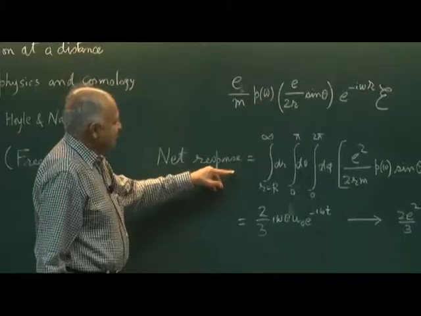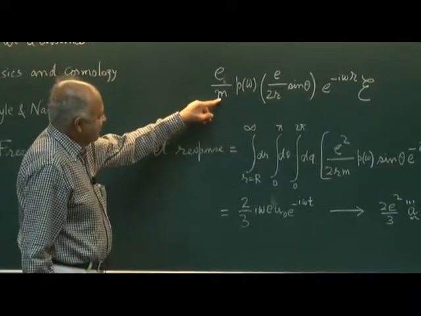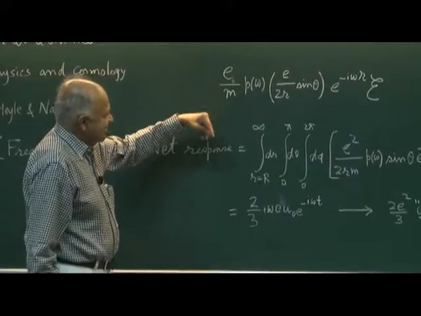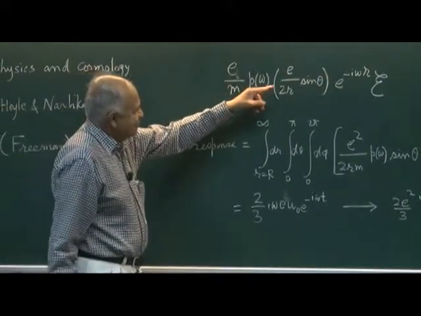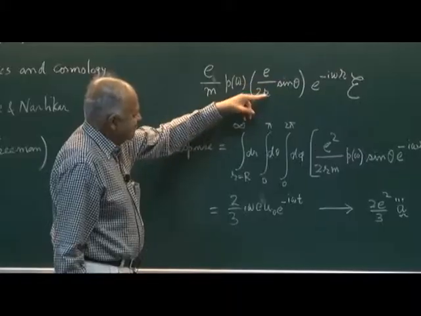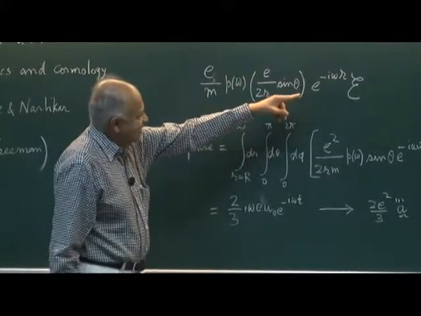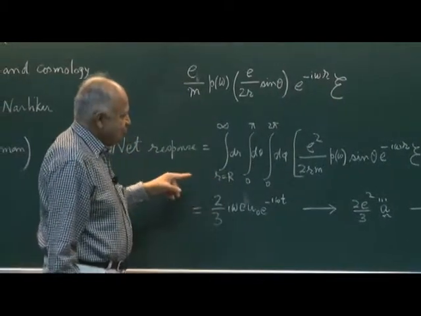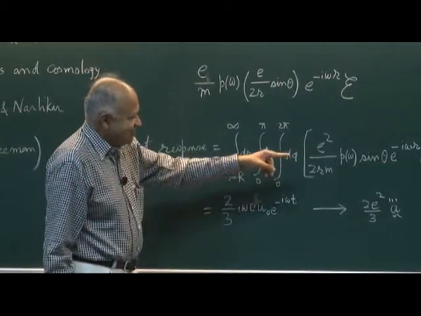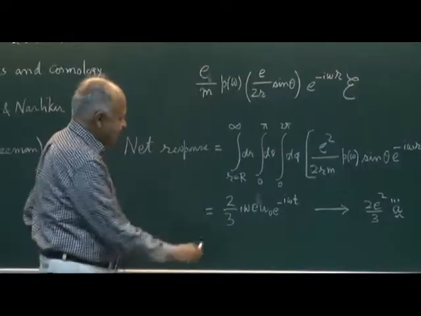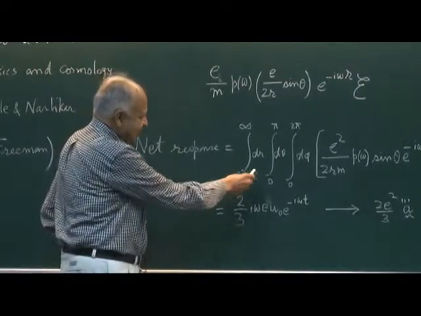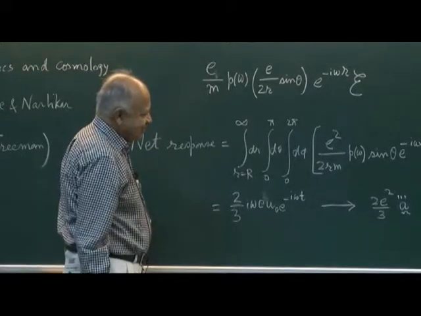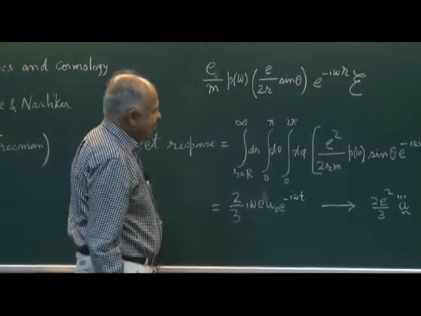First we got this E over m, the motion of the absorber particle, that produces again E upon 2 r sin theta e to the minus i omega r times the original field E. So, you substitute everything in here, and your integration is over all the 3 coordinates r, theta, phi, including this.